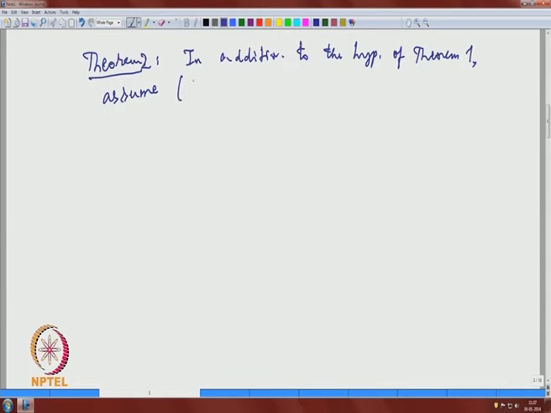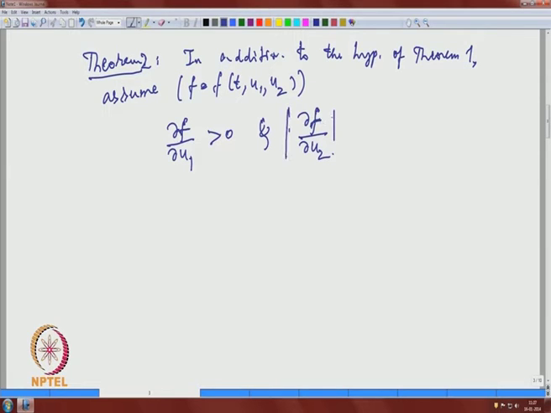Remember, f is this f of t, u1, u2, a function of 3 variables t, u1 and u2. So, del f by del u1 is positive and del f by del u2 is bounded.